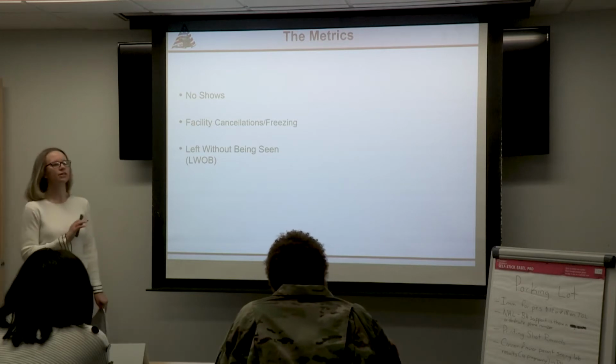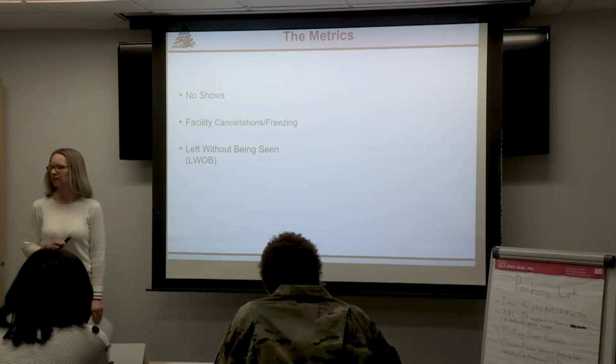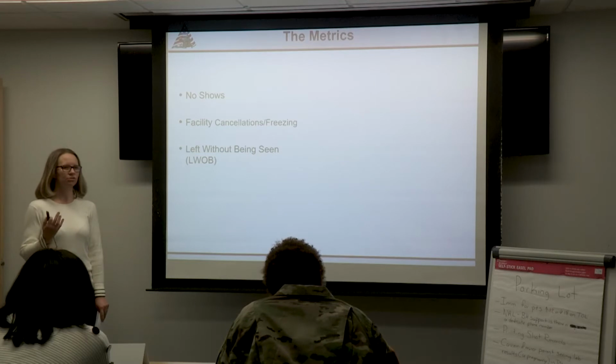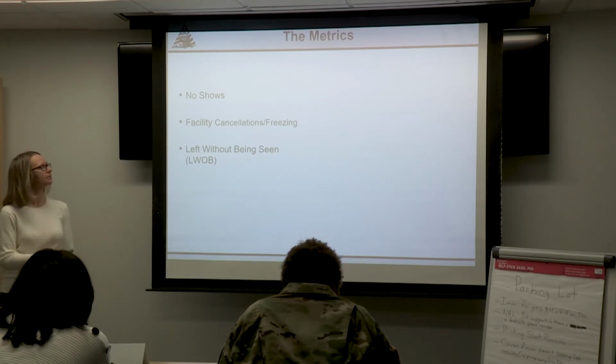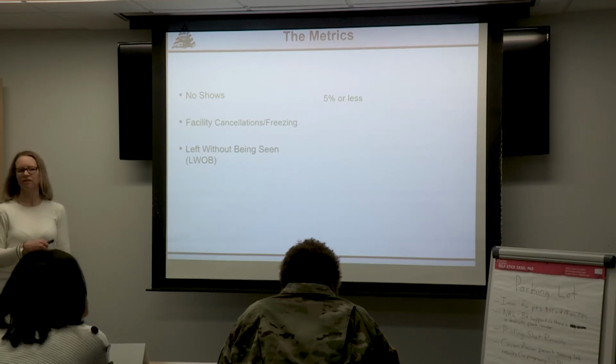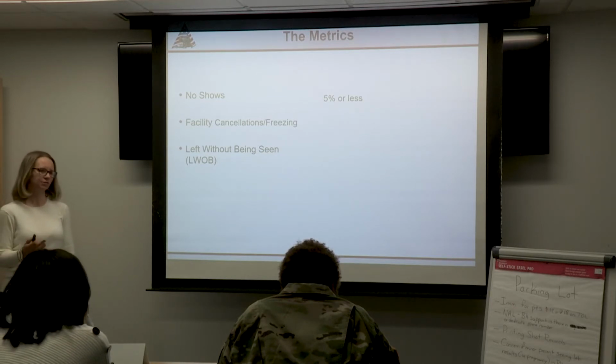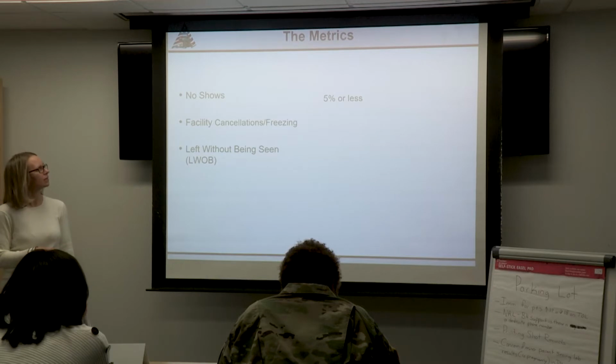All right, so there are several metrics that are looked at in regards to access to care and appointments in general and what's happening with them at the facility. So we'll just go through a few of those just for your awareness. For no-shows, the standard is we're supposed to have 5% or less no-show appointments for our facility. Cancellation and also freezing, we're supposed to have 3% or less. Left without being seen, we're supposed to have 0.